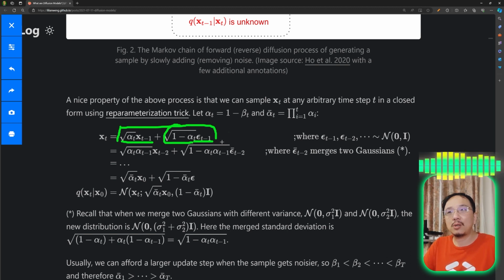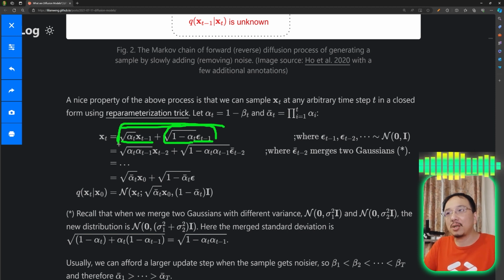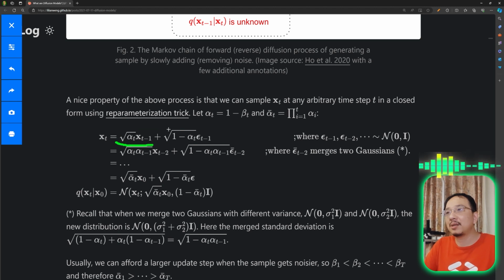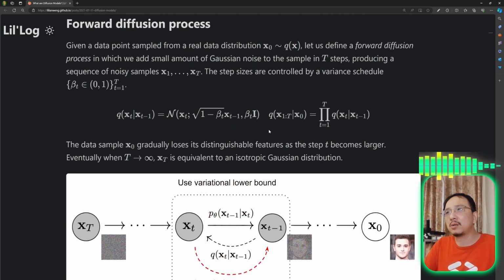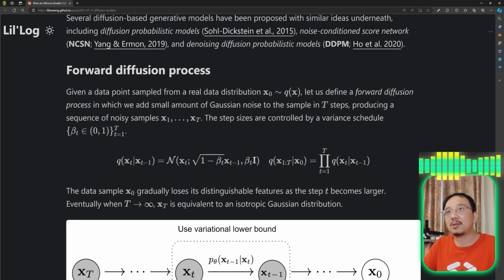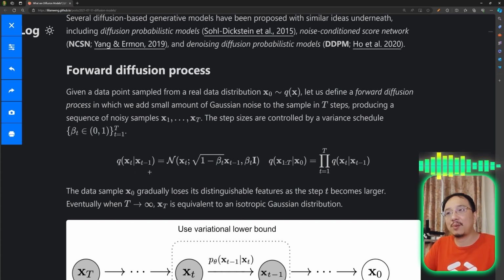Because the standard Gaussian distribution has a standard deviation of 1, we know this is simply a Gaussian distribution with the first term as the mean, and the scale of the second term as the standard deviation. So that's why the original formula can be written this way: the image of the next step has a distribution with a mean of this term and a standard deviation of this term.